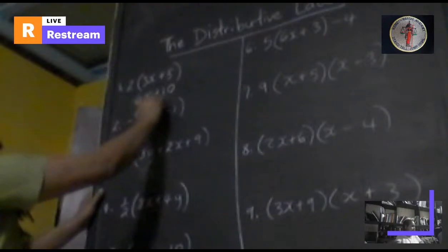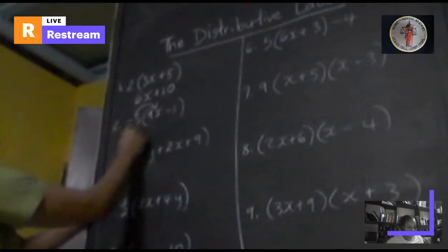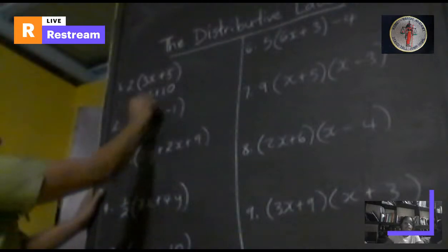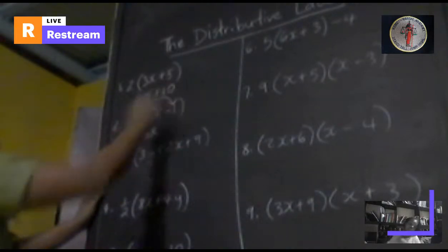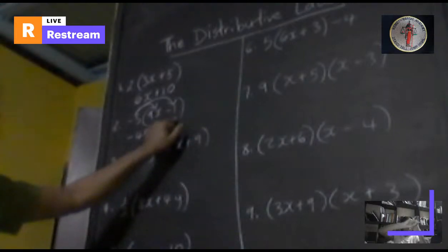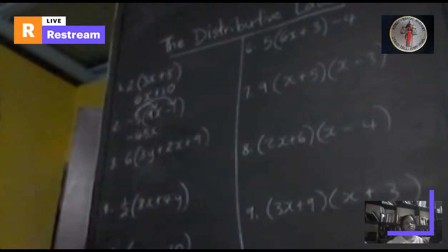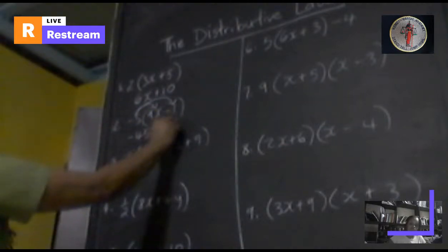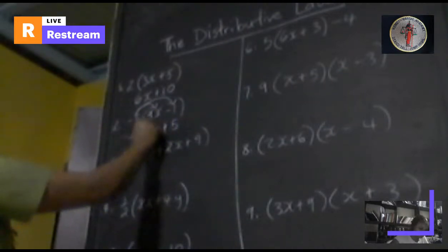So -5 times 9x, that is -45x. And another arrow from the -5 to the -1. So -5 times -1 is +5. That will give a positive 5. Negative times negative would be positive. And that's our answer there.